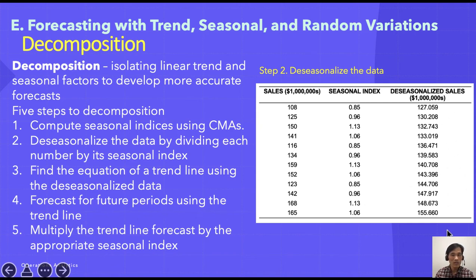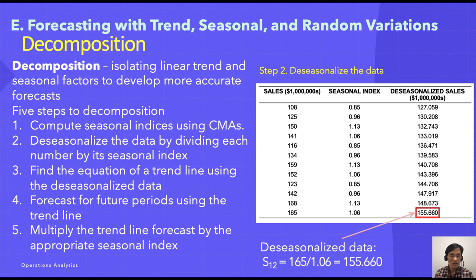For example, say you have y equals a plus bx, and you found that trend line, then for the next quarter, you can insert that number and find the future forecast for yourself. And number 5 is multiply the trend line forecast by the appropriate seasonal index. So that's the last step that we need to follow. I'm going to move on to the next slide.